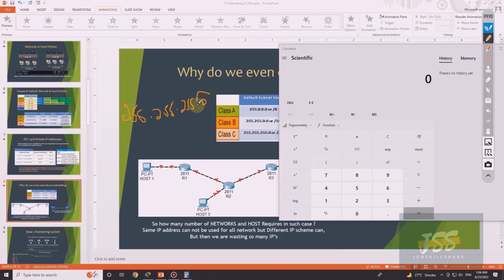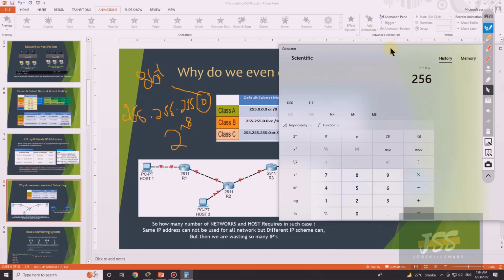This represents how many bits? 8 bits. If we do 2 raised to 8, which becomes what? 256 hosts.